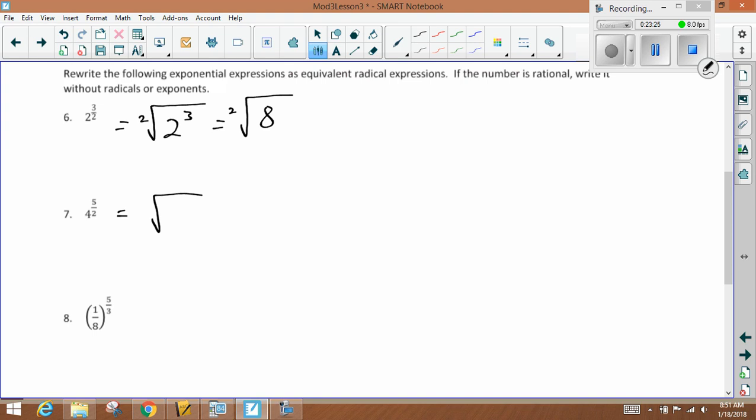So this is the square root of 4 to the 5th, and that is the square root of 1024. And hey, does 1024 have a square root? Indeed it does. So that's 32.